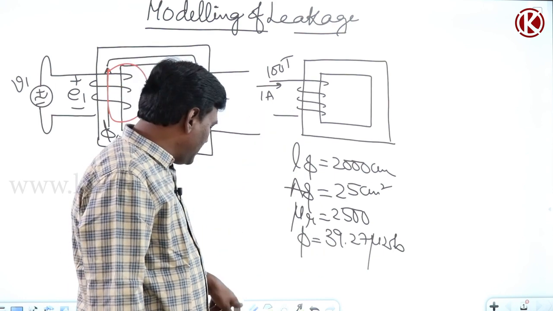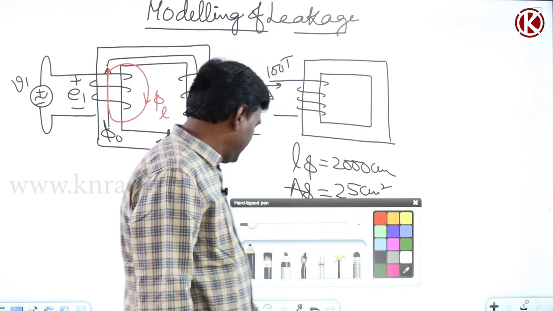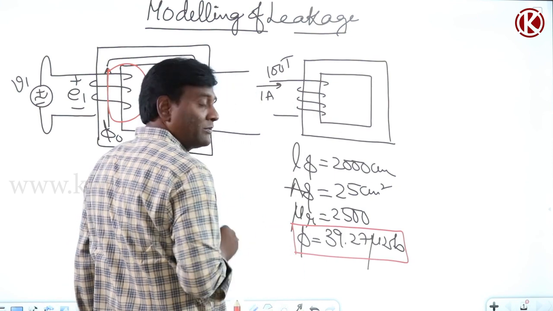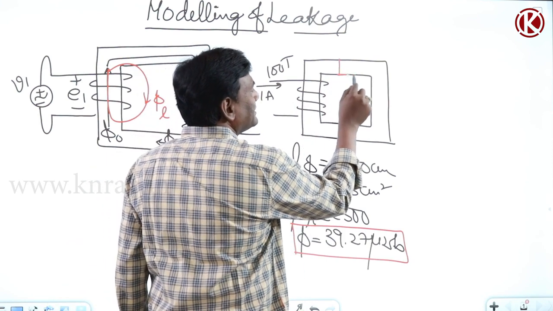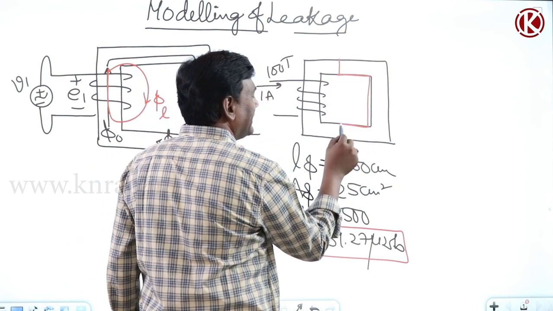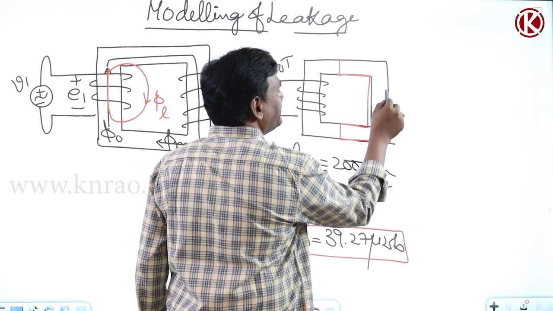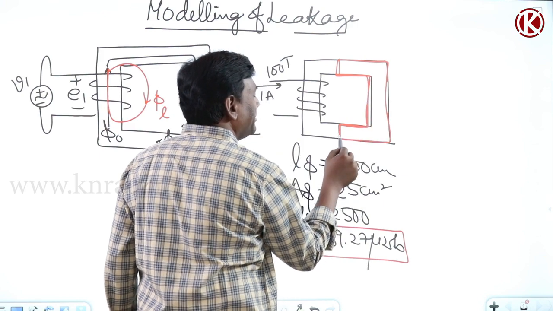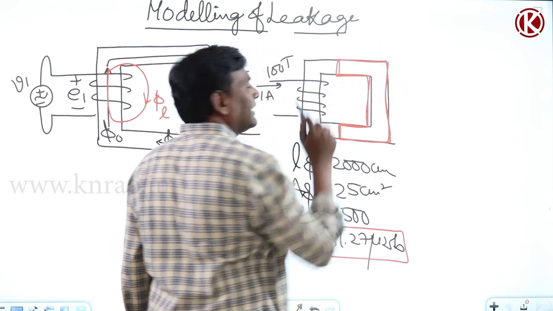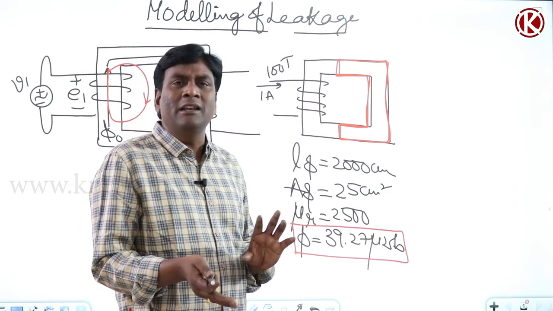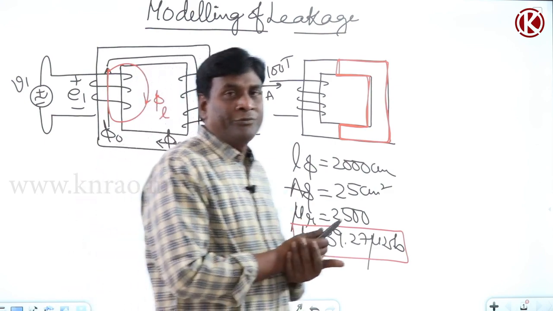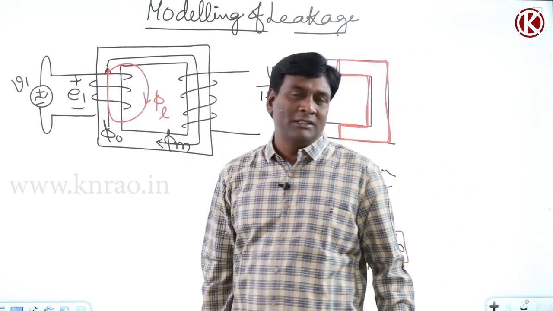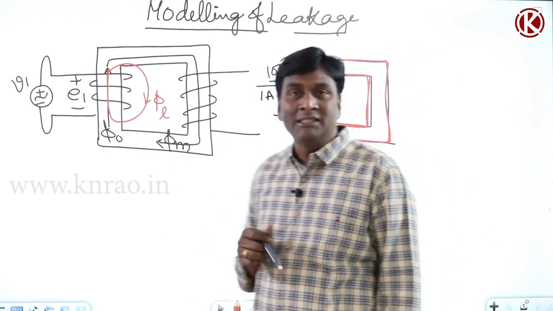Now for example, in order to set up the same flux, if 50% of the flux path is in non-magnetic material, so this red line is going to be non-magnetic material and black is going to be magnetic material. Now if I can analyze this, the analysis can automatically be concluded for leakage, because in leakage around 50% of the flux path is in magnetic material and the remaining 50% is non-magnetic.